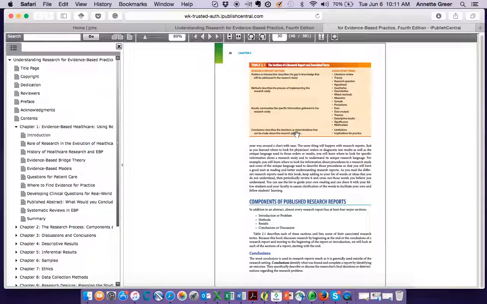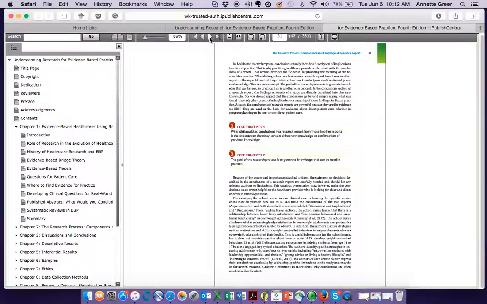Conclusion describes, and they may not be in a single question, but they may be in multiple questions. There's the key right there. Your core concepts again reinforce the discussion about what is a conclusion and how it differs from other portions of the report.